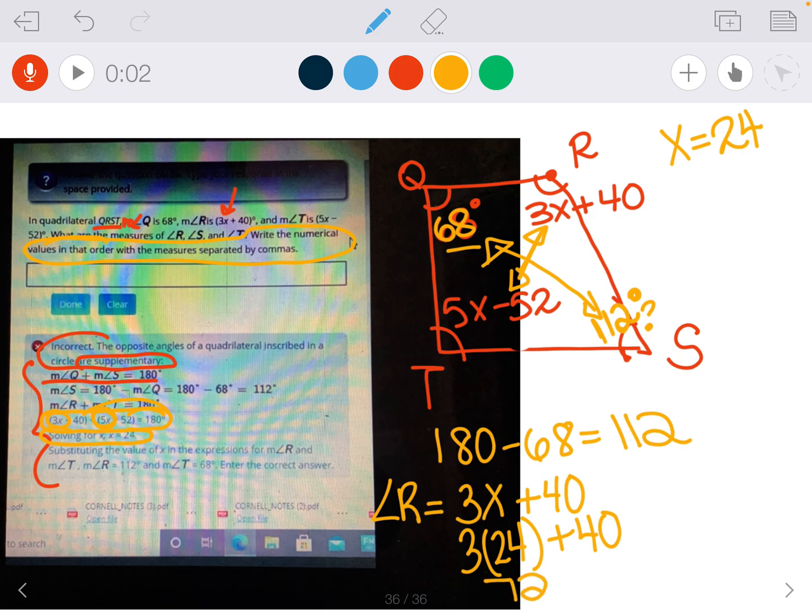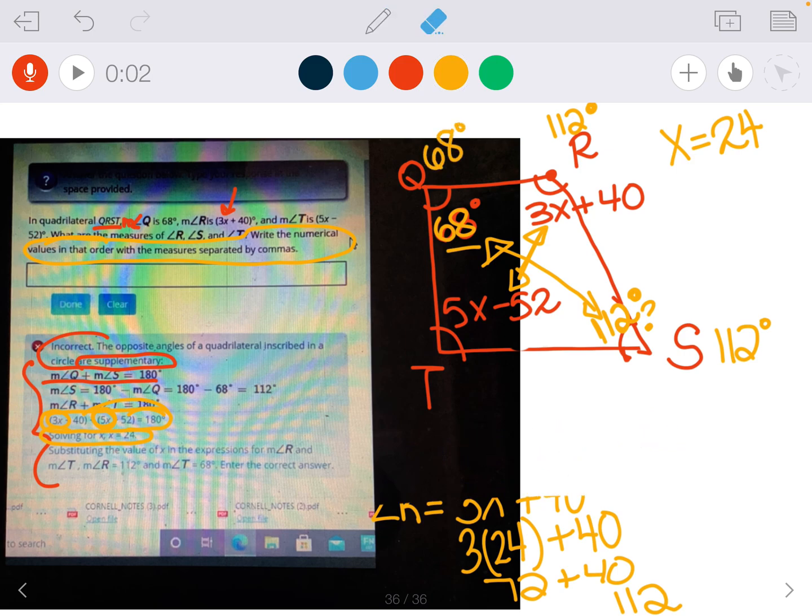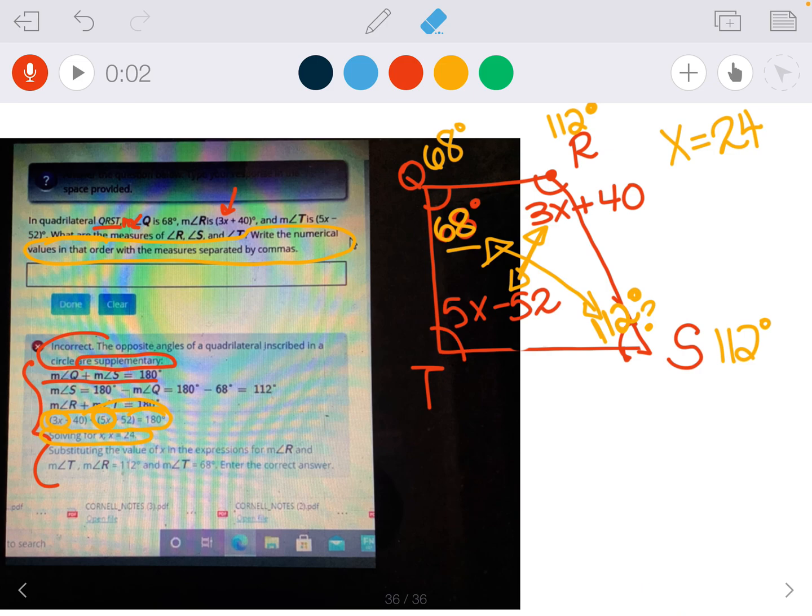I get 72 plus 40. And again, I want to make sure I'm using order of operations, so addition would be last. I get 112. So I know that R is 112 degrees. I know that S, we also got 112 degrees. Q is 68 degrees.